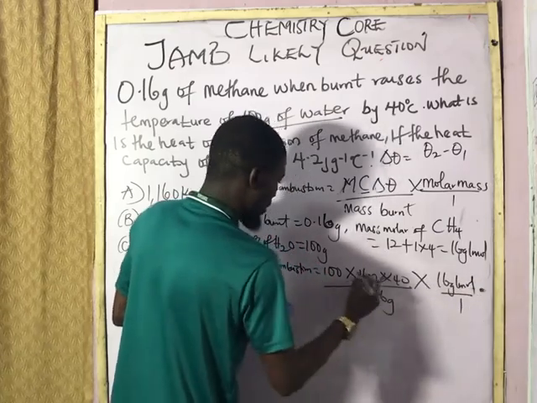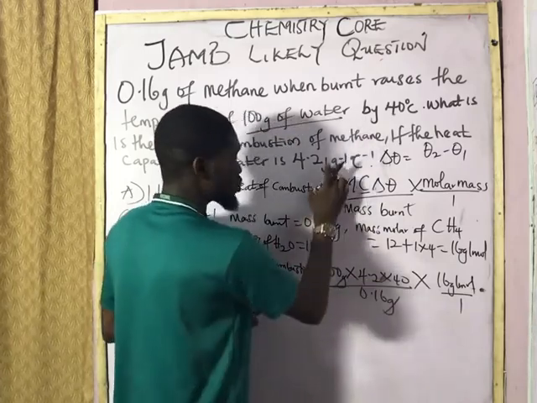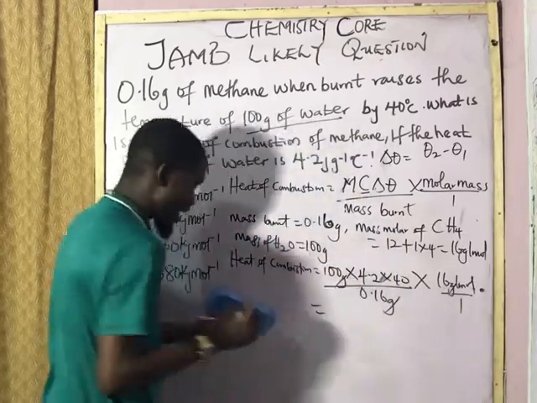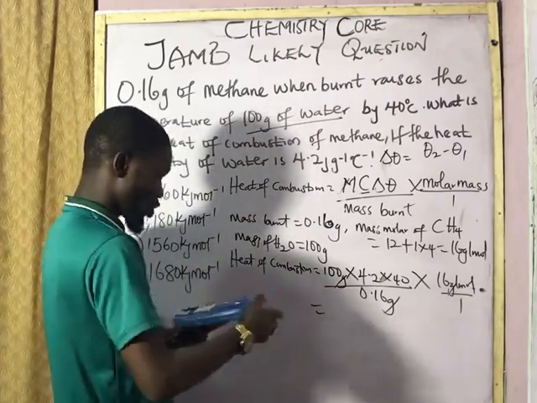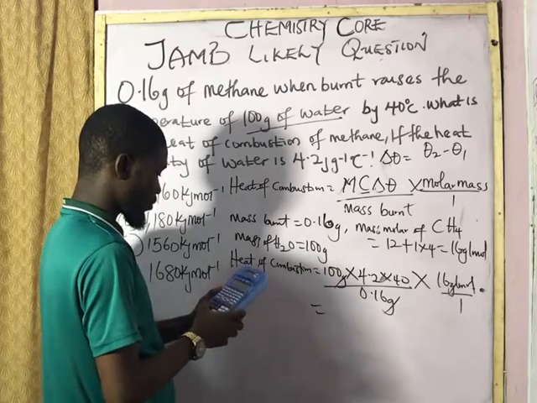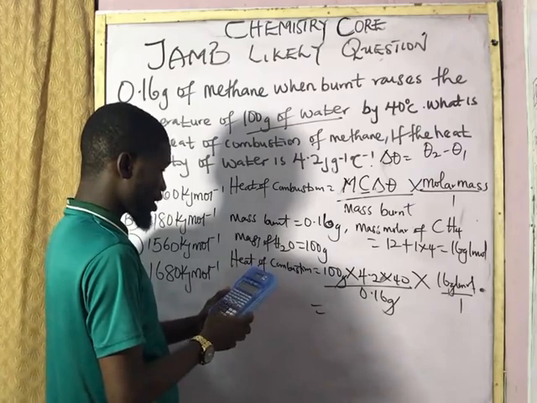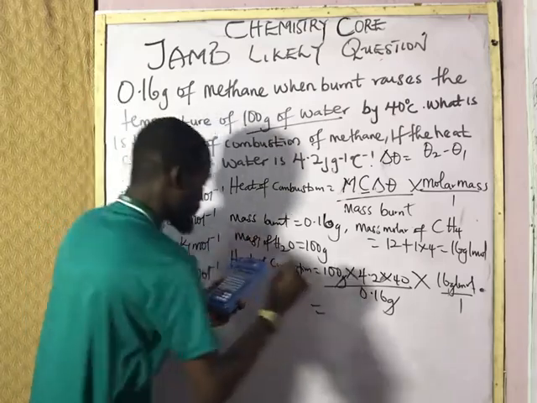We have gram here and gram there, so we cancel the gram. In that case, let's multiply what we have at the numerator: 100 multiplied by 4.2 multiplied by 40 multiplied by 16.